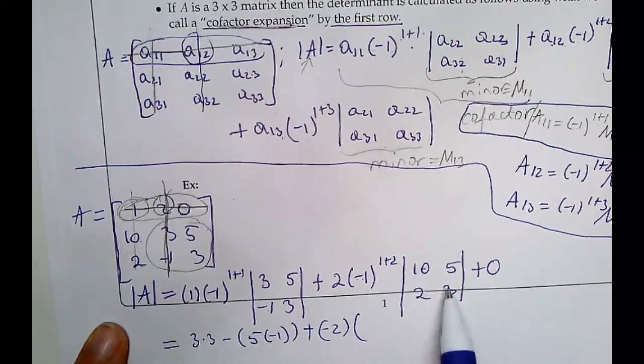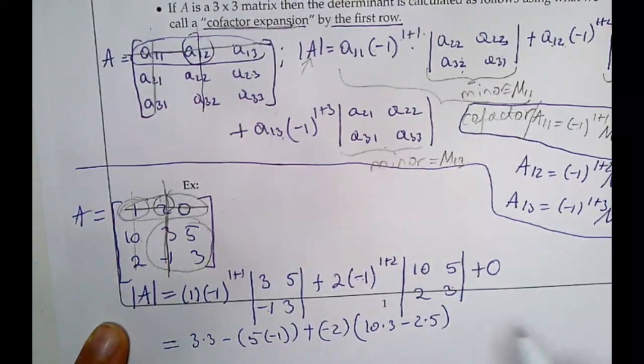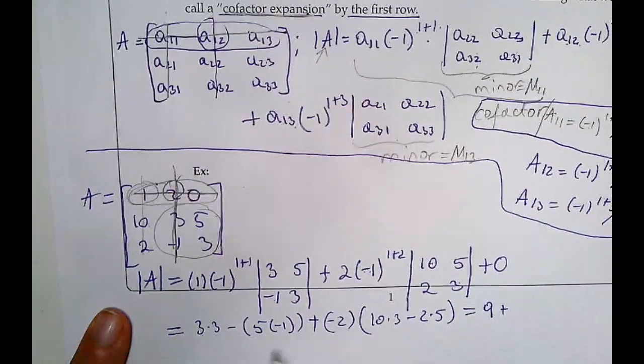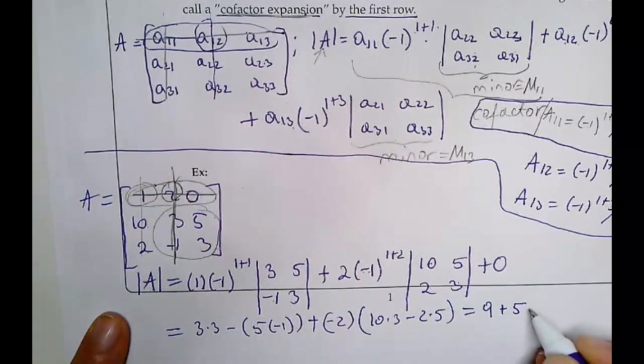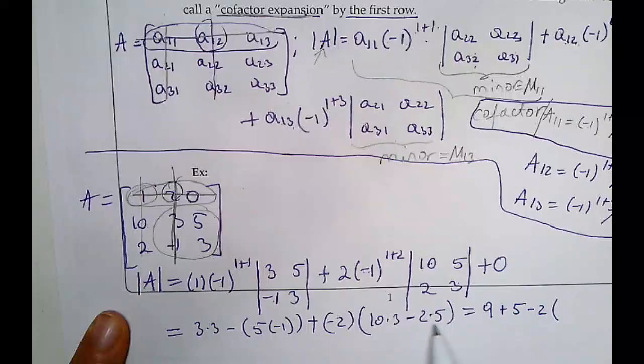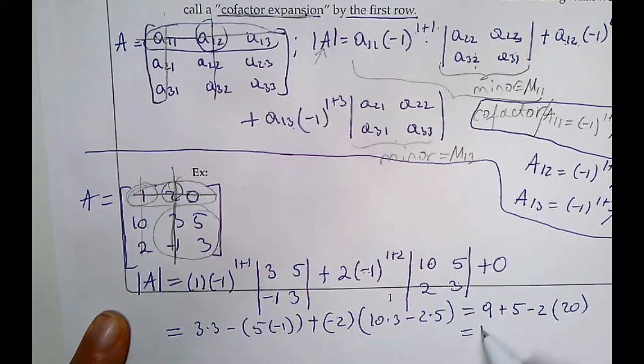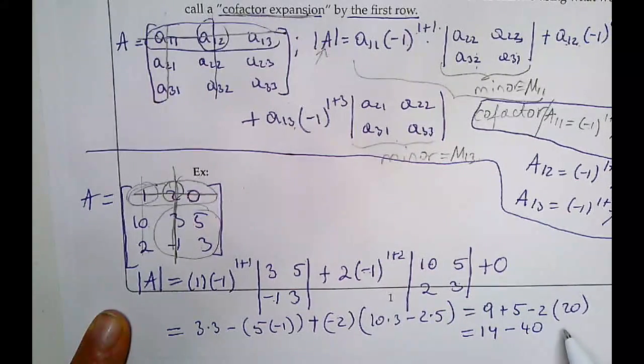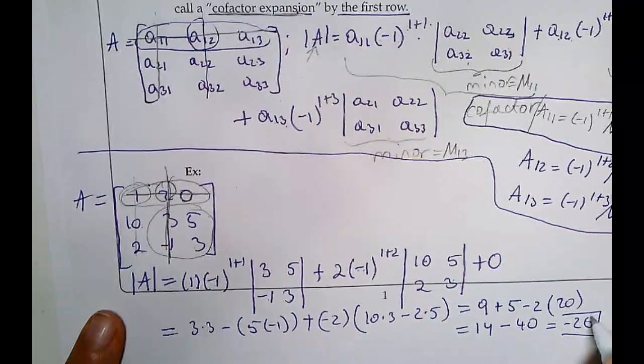So it's going to be A times D minus B times C. So 10 times 3 minus 2 times 5. And the first part is going to give me 9 plus 5, and then minus 2 times 30 minus 10, 20. So this is going to give me 14 minus 40. So it's going to give me negative 26. So notice this is just a number.